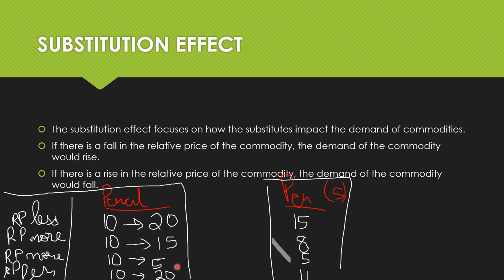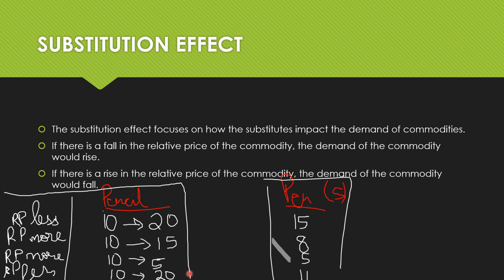In our last case, what we saw was a fall in relative price. So when there's a fall in relative price, what's happening to demand? There's a rise in demand.